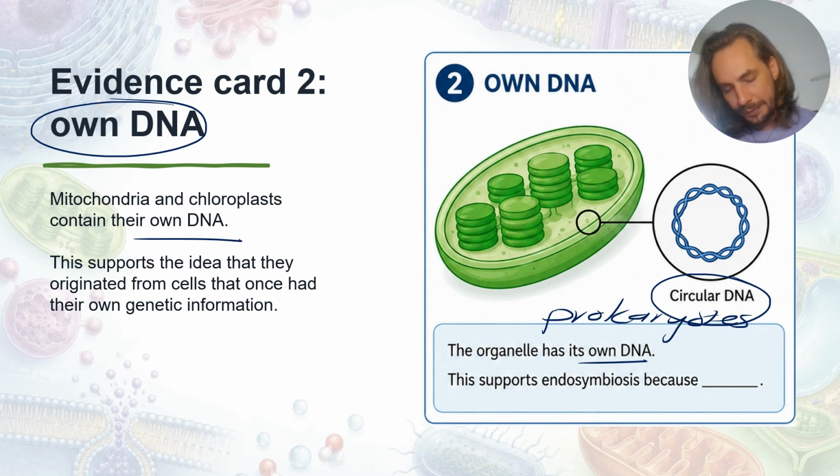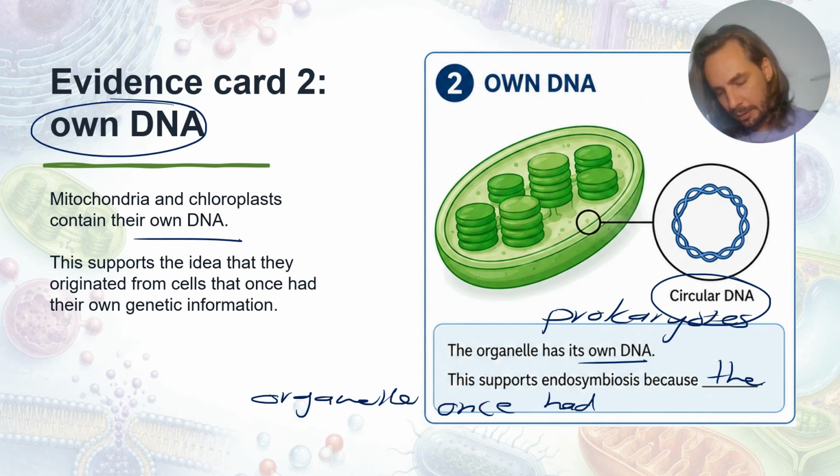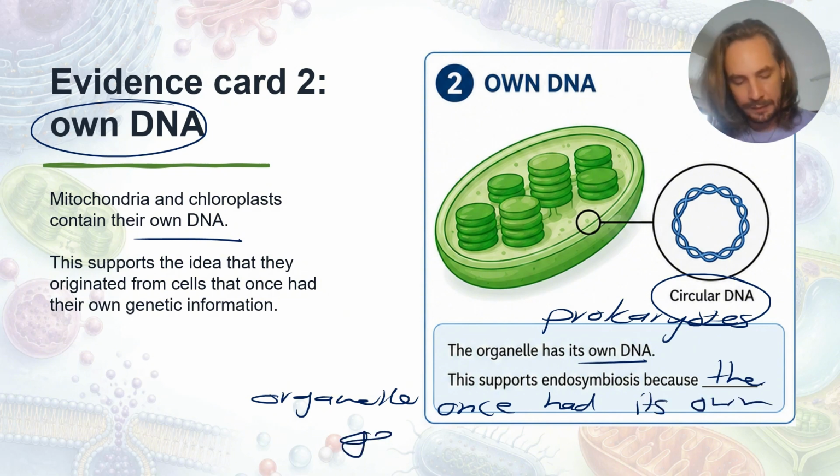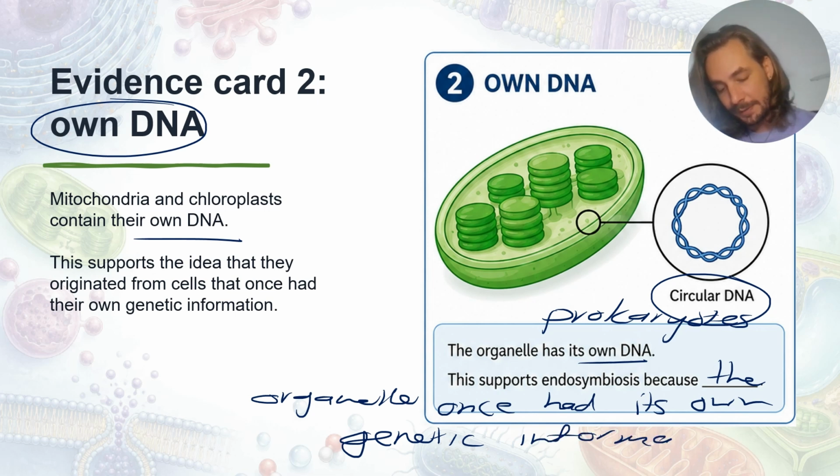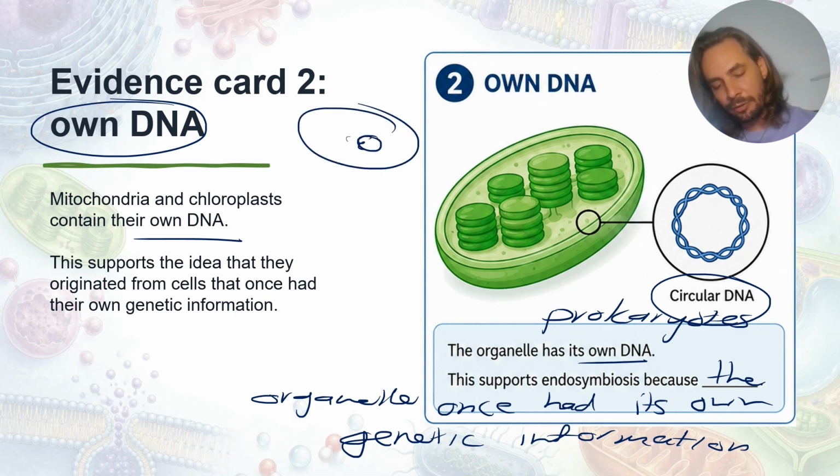This supports endosymbiosis because the organelle once had its own genetic information. And it still has that genetic information, but once, when it was still free living, it had its own circular DNA.